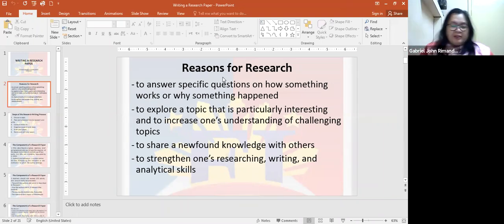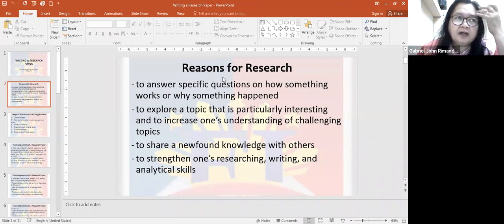And then the last one, why do we need to strengthen our research, writing, and analytical skills? Let us for a fact say that when you do one research work in high school, this is very basic, okay? And then another requirement in college before you graduate is also another research based on your different professions.